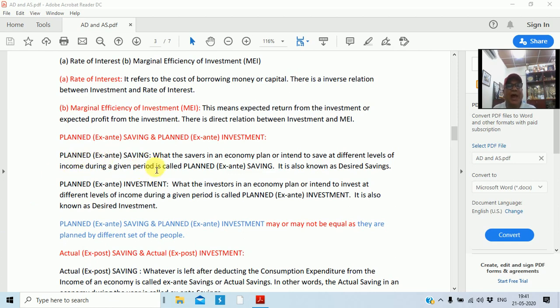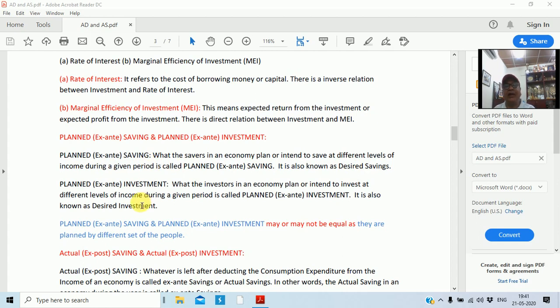When I say planned saving, it means what the savers in the economy intend to save at different levels of income during the period is called planned saving. It is also known as desired saving. It means at the initial stage of the economy, what savers are planning or desiring to save in the coming financial year, that is called ex-ante savings.